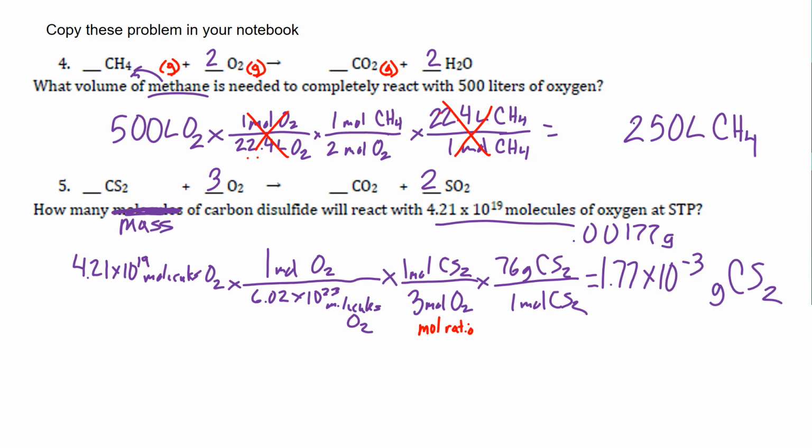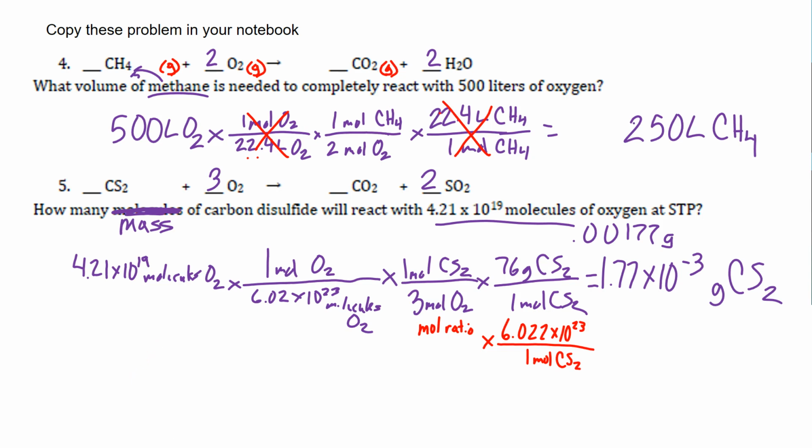The only difference here, instead of doing molar mass of CS2, we would have done... I think I know why. I know why I did that last year, because here it would have had that cancel out situation again. That all you would have had to do was divide this number by 3 to get your answer.